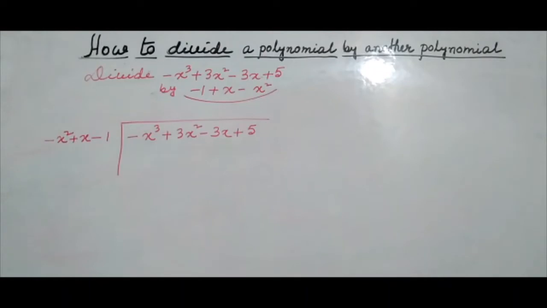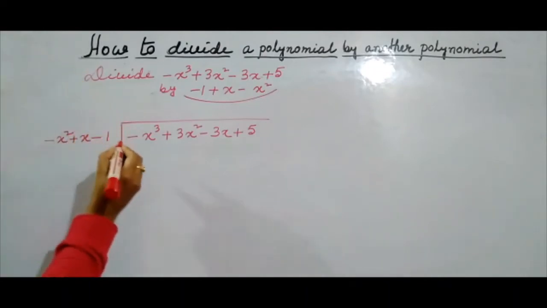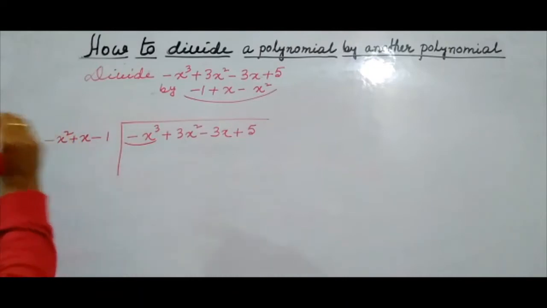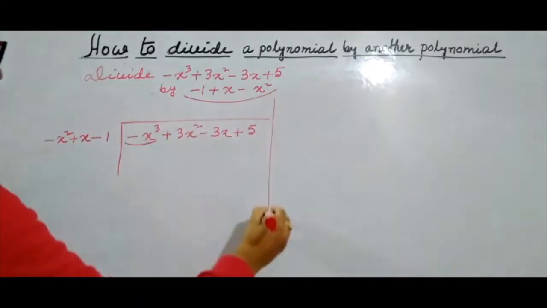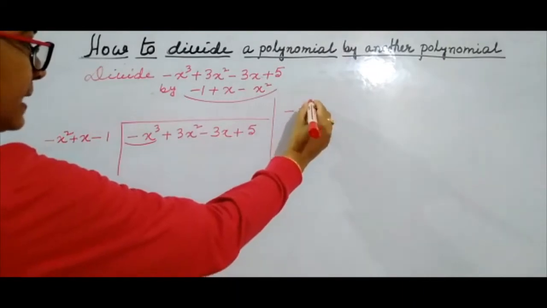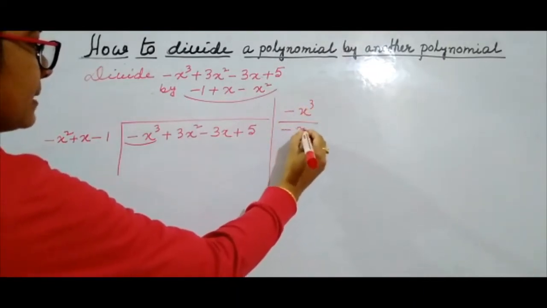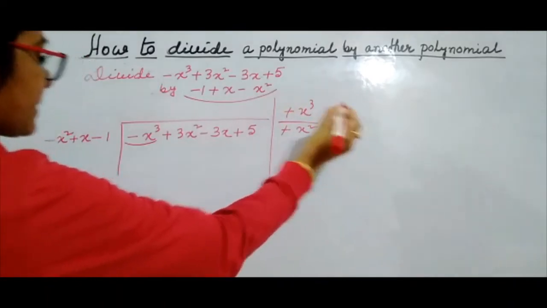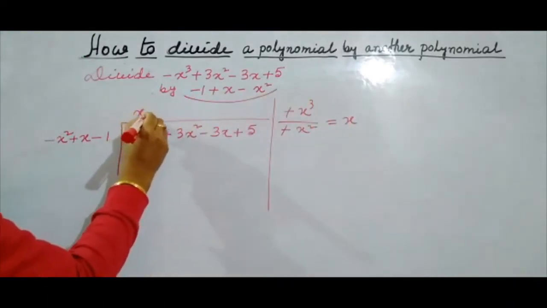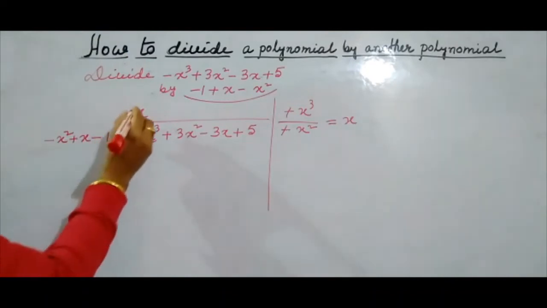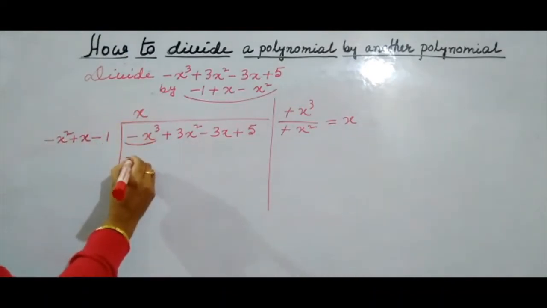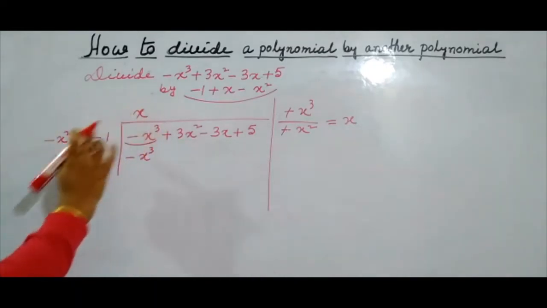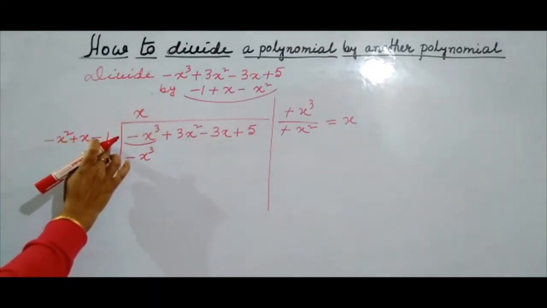Now we are going to divide like before. Now to get minus x cube, we have to multiply minus x square by what? As you know, we are going to check minus x cube by minus x square. Minus minus cancel, answer is equal to x. So we have to put x here. So minus x square into x is minus x cube. Now this x we have to multiply by these two terms also.